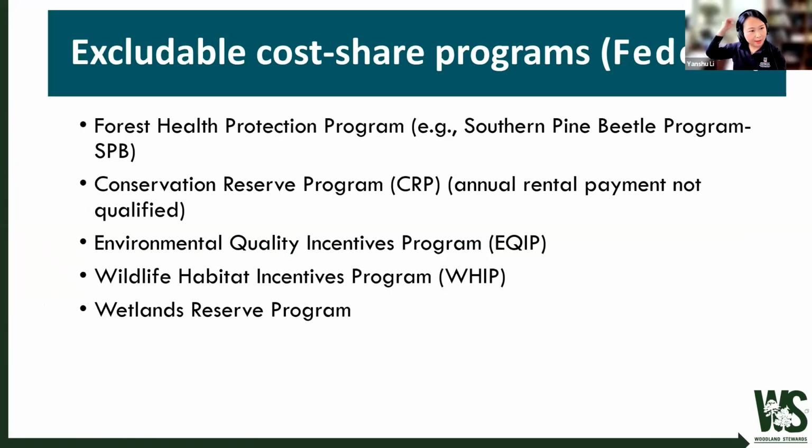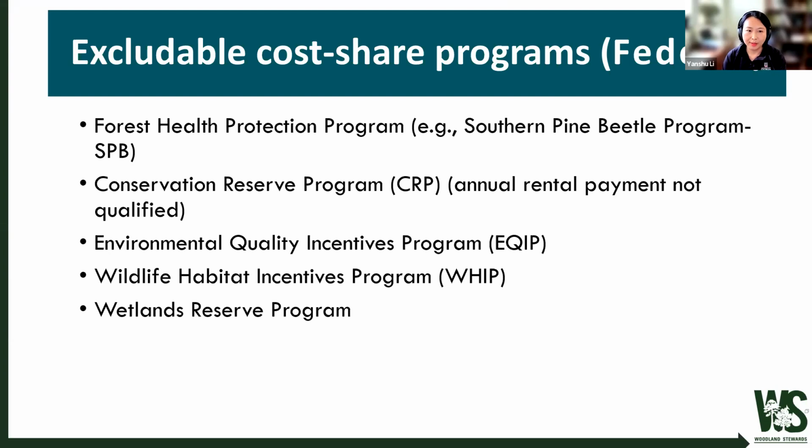And these are the existing, currently active excludable cost share programs at the federal level. For example, the Forest Health Protection Program. This is a federal program, but in different states, normally the state forestry agency uses the funding, administers it, and provides financial assistance, and sometimes they give different names to those programs.